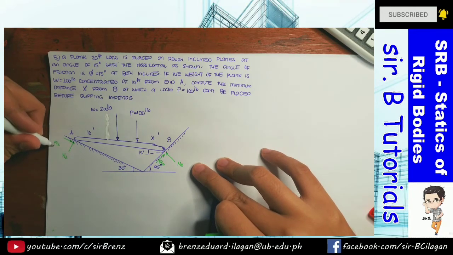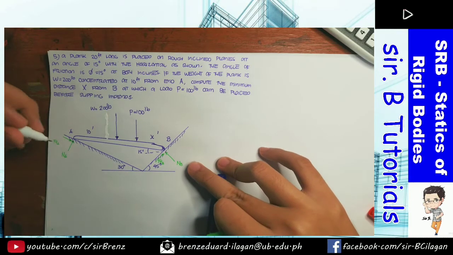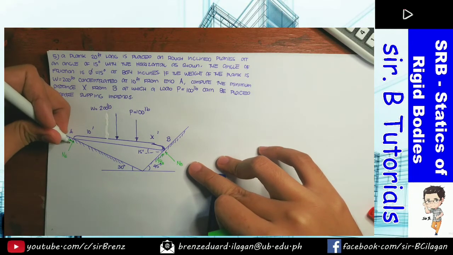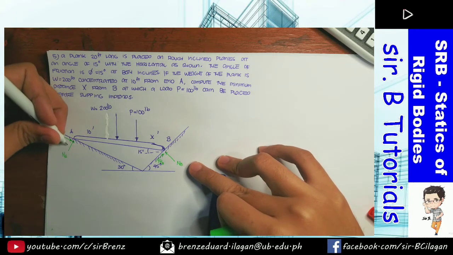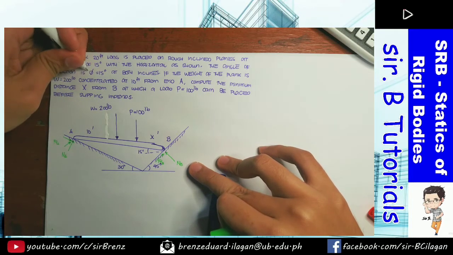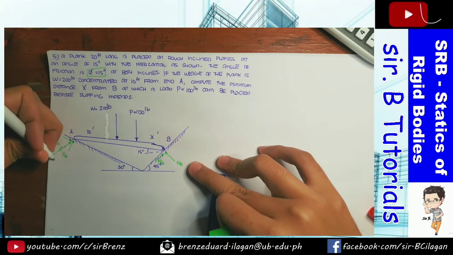Hindi na natin siya i-compute as F sub F or yung normal force. So again, coming from the normal force, since kaya siguro ang binigay dito is yung angle of friction niya, since gagamitin natin siya, this will be your RA.